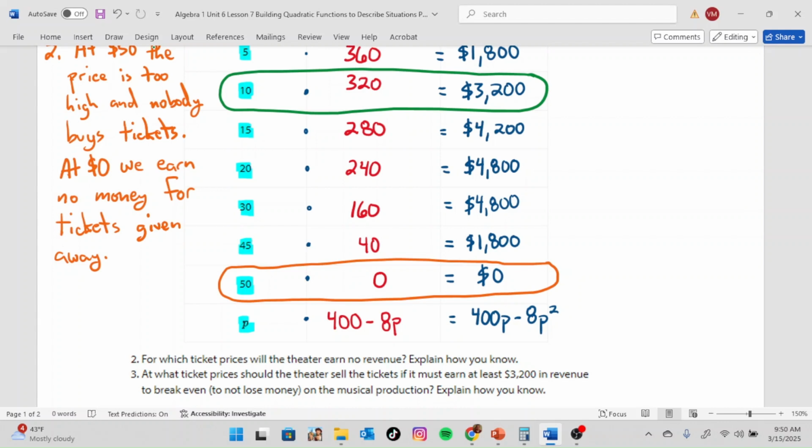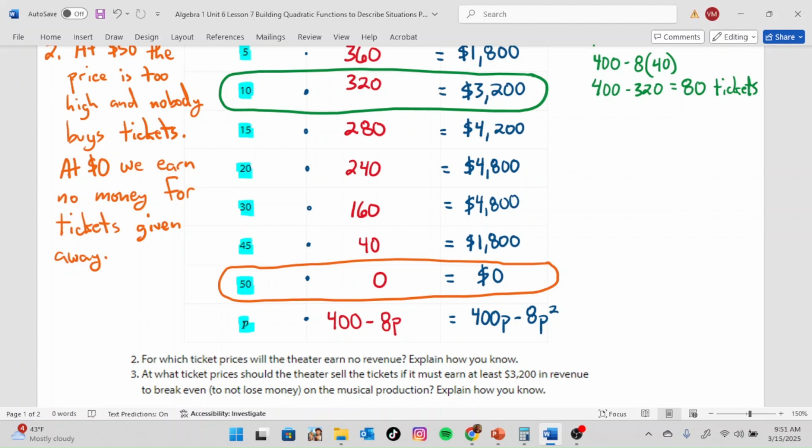So I'm going to change it by $5, and I'm going to see if that works. 400 minus 8 times 40 results in 400 minus 320, which is 80 tickets.